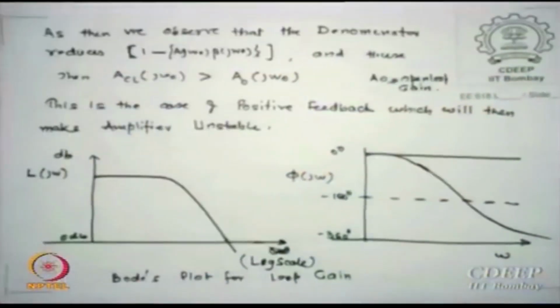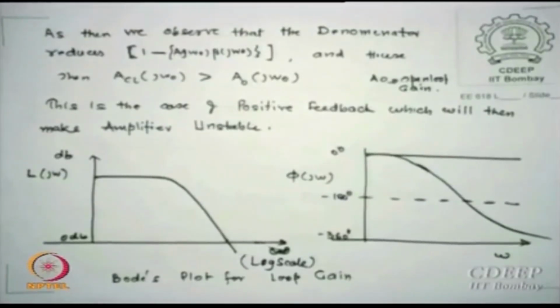Okay. So for the Bode plot, all this analysis is done only for the sake of finding out when stability holds or does not hold, which is decided by looking at the Bode plots. So if you see this quantity is negative and real, obviously the denominator is going down because that quantity is real, and obviously the closed loop gain is higher than the open loop gain, which essentially means that the growth is starting.